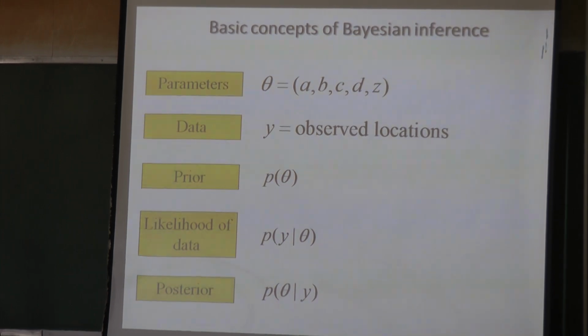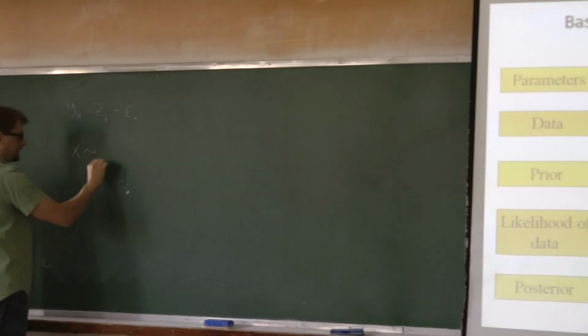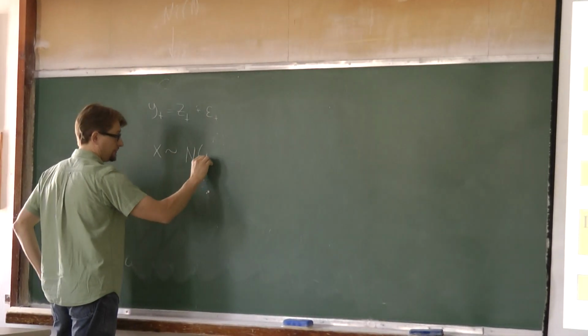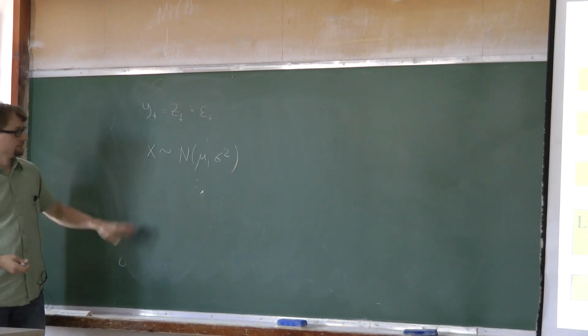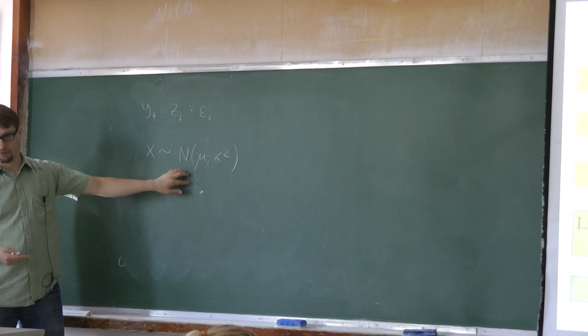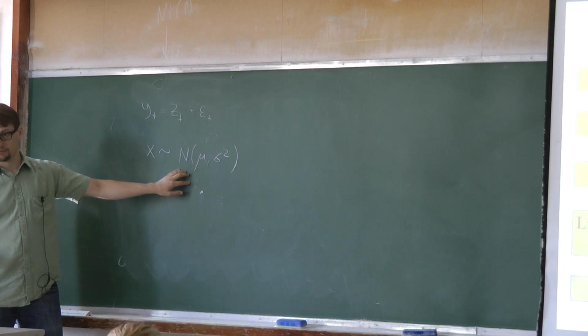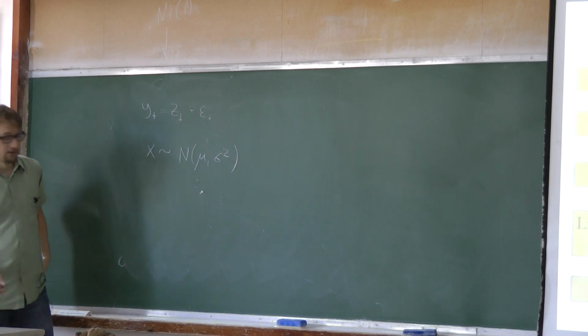So let's say that we have a random variable x. This might be normally distributed with some mean and some variance. So you read this as x is distributed normally with those parameters. This is a probability distribution. For example, you can sample from it.